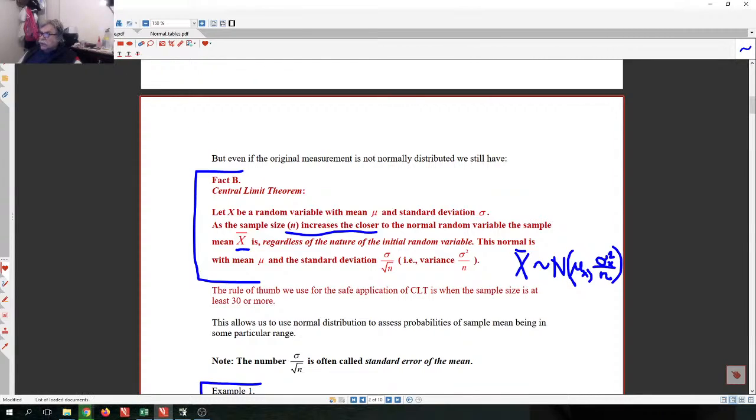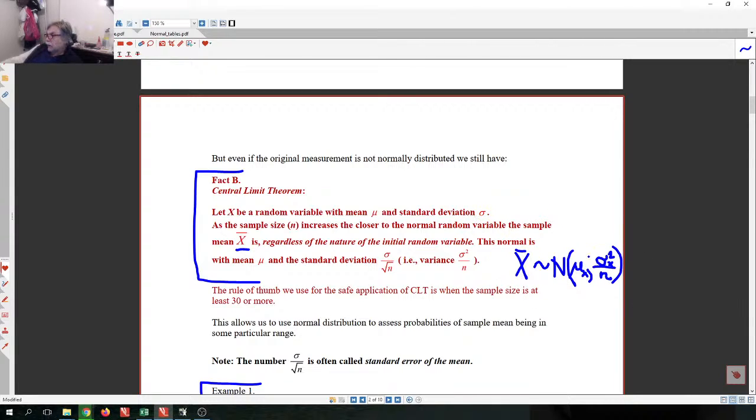And as long as you can collect a big sample, the sample mean, which changes from sample to sample, will be normally distributed. It's going to have the mean the same as the original one, which I just wrote as mu here, and the variance is going to be n times smaller than the original one.